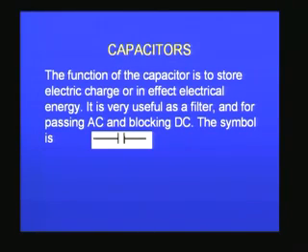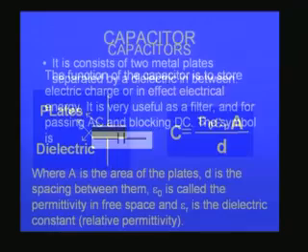So, what is a capacitor? A capacitor is basically a device which has in general two parallel plates separated by an insulator or a dielectric. It is used for storing electrical energy, and a capacitor is characterized by very large resistance to DC or direct current and smaller resistance for alternating current.